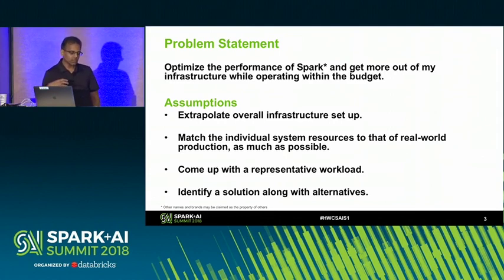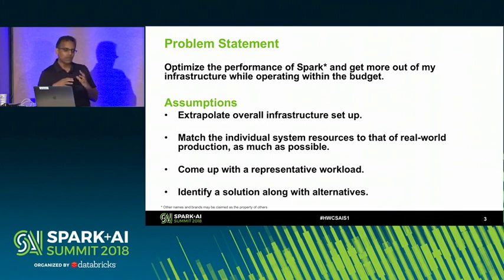Now I have some assumptions. The way I went about it is, based on my previous experience and also talking to customers, I looked at a standard Spark deployment. What is the kind of Spark infrastructure that people generally deploy? So I took note of that infrastructure and I built a scaled down version of that same infrastructure in our lab, because obviously I don't have a large number of nodes at my disposal.